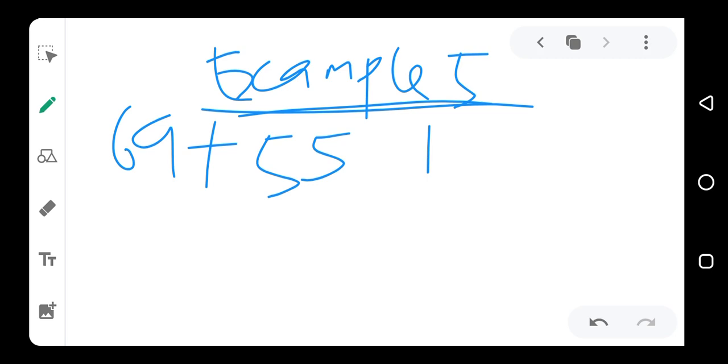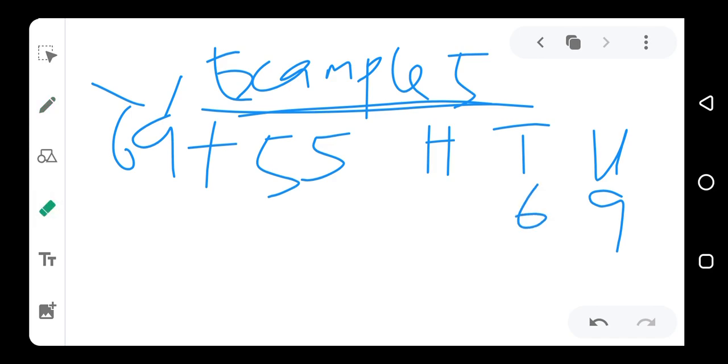We have hundreds, tens and units. Now the first one, 69, 2 digits. We write 9 under units, and we write 6 under tens. Then second number is 5, 5. We write 5 under units, and second 5 under tens. Now we draw our line.